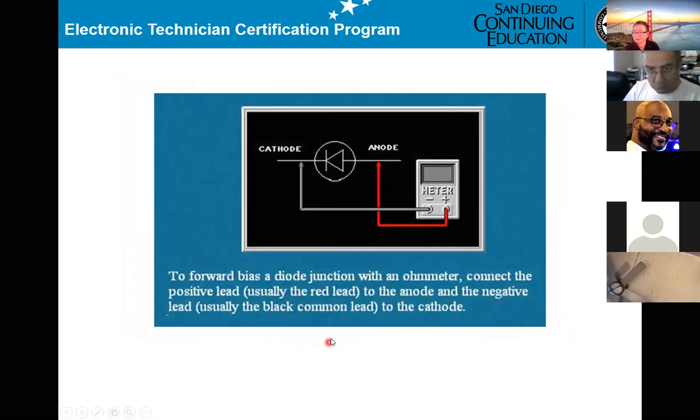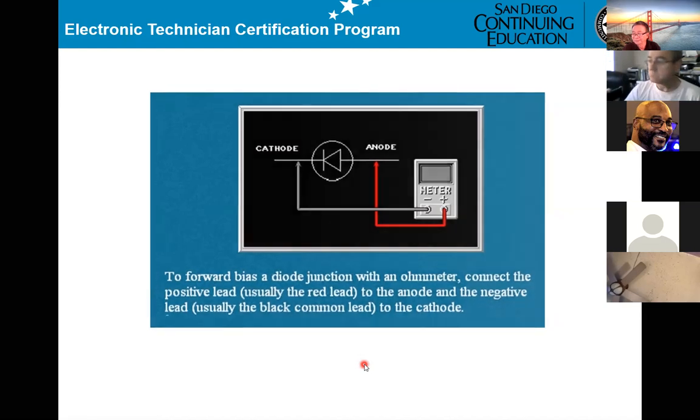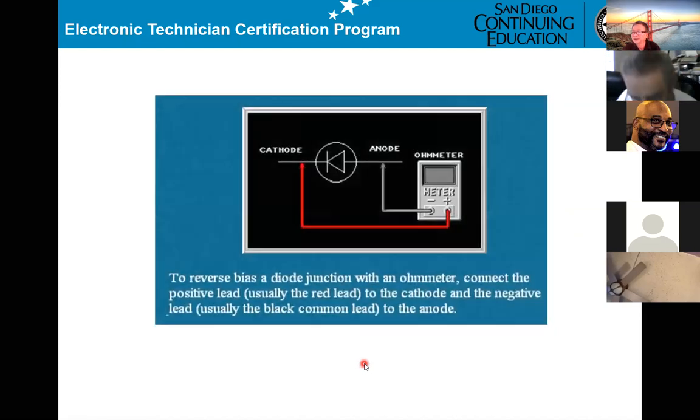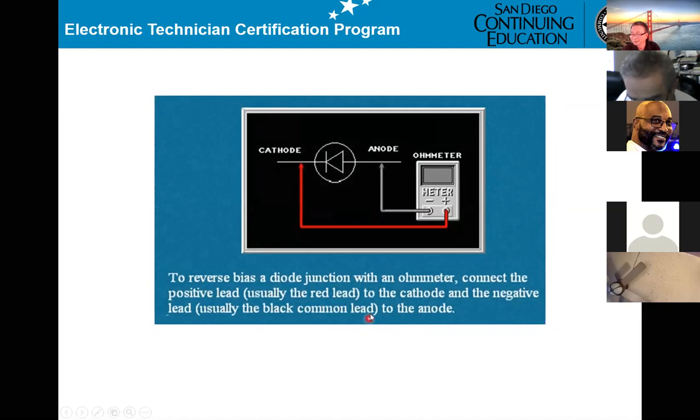Now, this is how to test the diode. You connect the red lead to the anode and the black lead to the cathode. For reverse, you connect red to this side and negative to the other side.